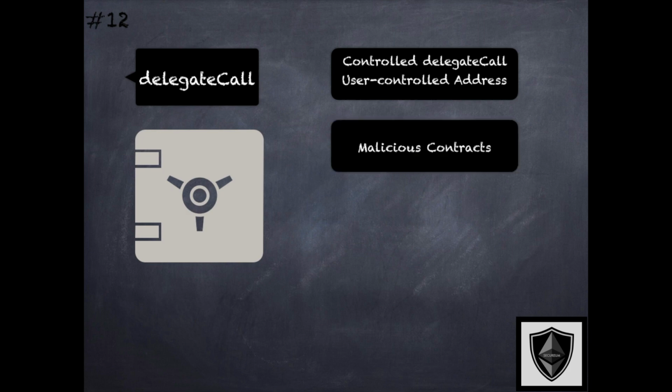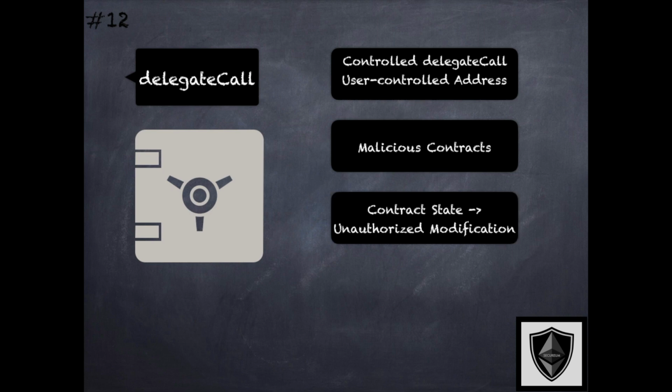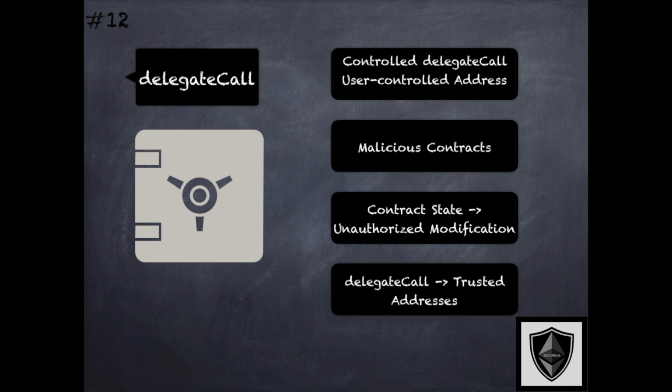So if the address of the called contract is user controlled, then the user may accidentally or maliciously make this delegate call to a malicious contract that can make unauthorized modifications to the state of the calling contract. Therefore, delegate calls should be used with extreme care in contracts, and all precautions should be used to ensure that the destination addresses for such delegate calls are trusted.